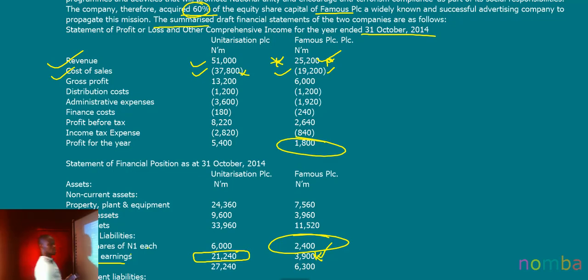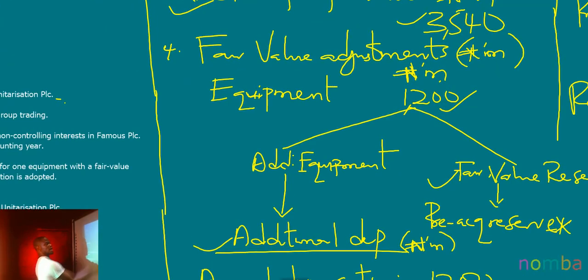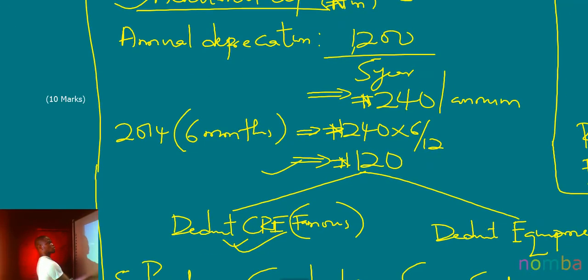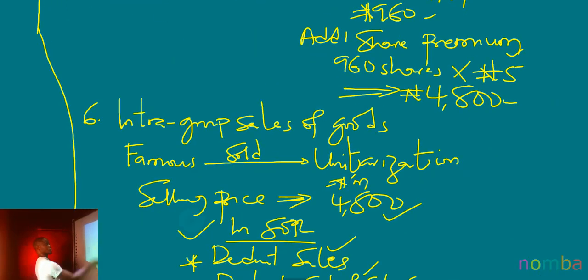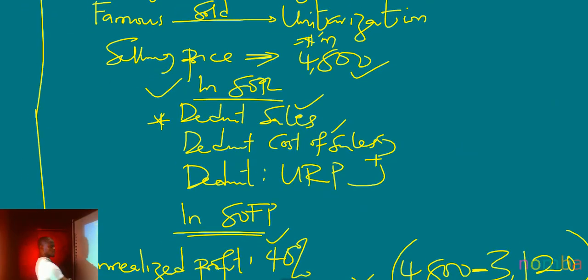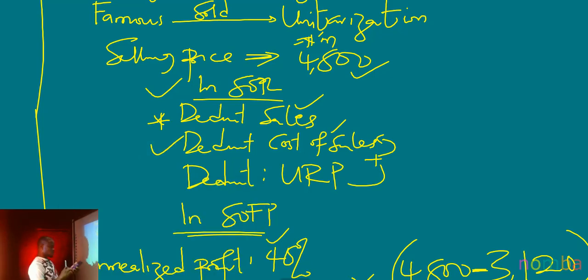Now, let's add and deduct the consolidation adjustments to the cost of sales. The very obvious one would be the intragroup sales. We said we'll deduct the intragroup sales from the cost of sales. So let me deduct 4,800. If I deduct 4,800, I'll be left with 42,600.